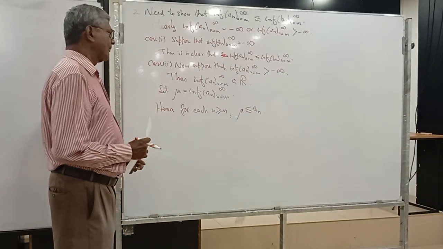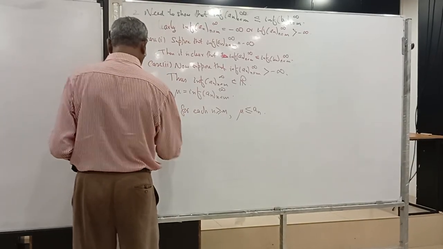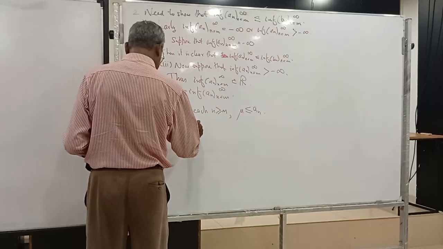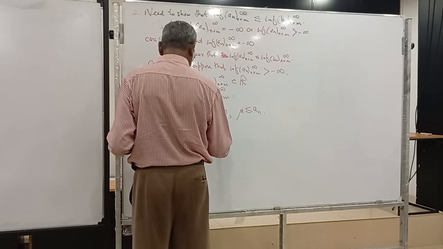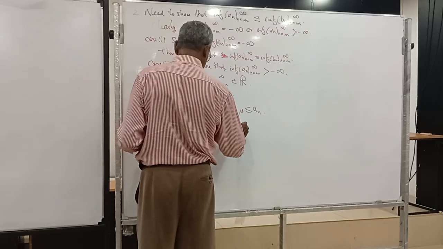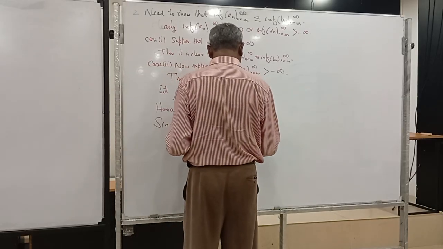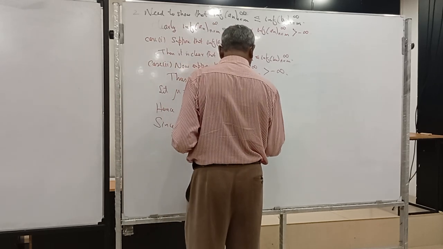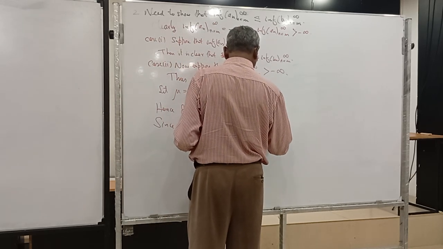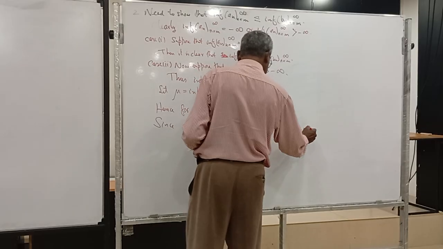Since a n is less than or equal to b n for each n greater than or equal to m, mu is less than or equal to b n for each n greater than or equal to m.